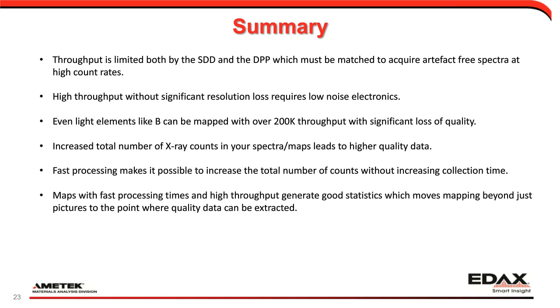Most of the time we just use maps to illustrate where the distributions are, show pretty pictures basically. But with good statistics, you get to the point where you can extract quality data even on a limited pixel basis.